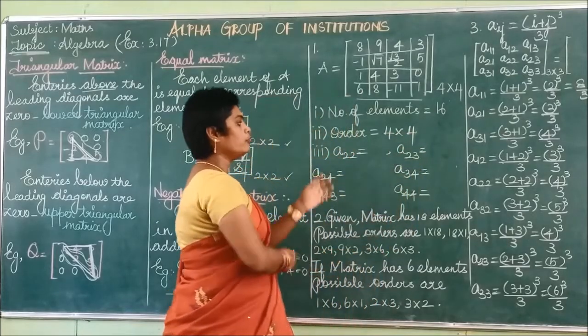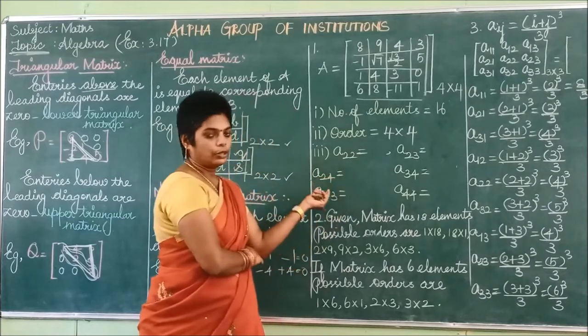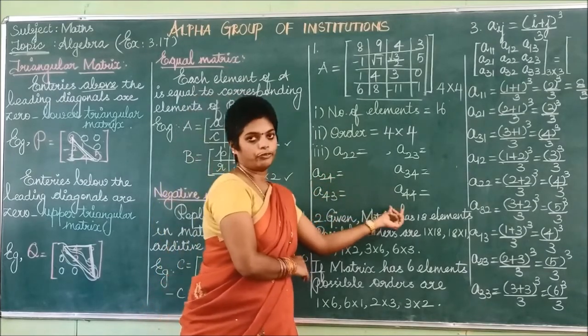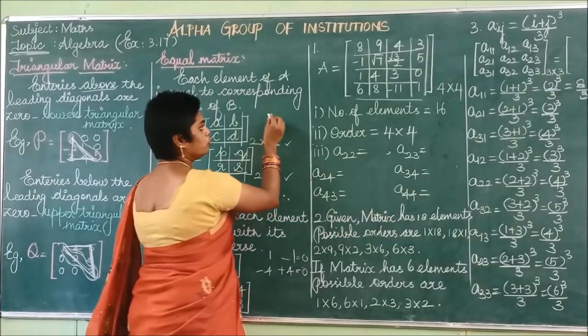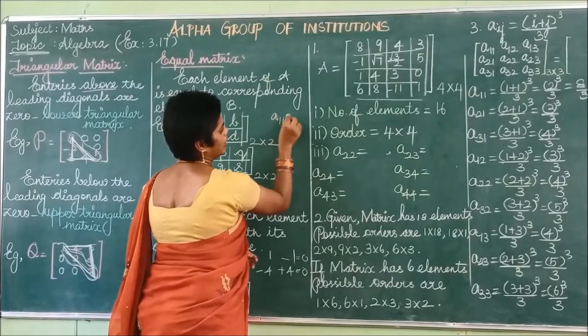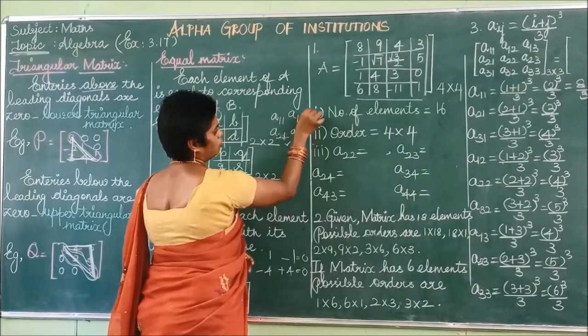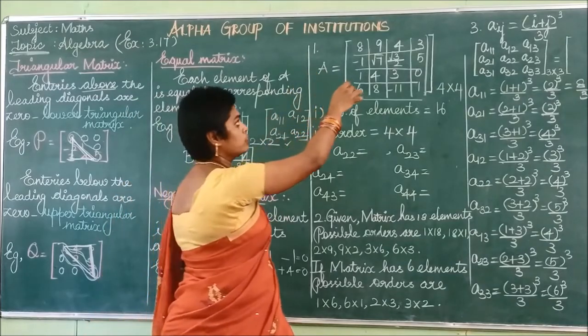Then listen, how to find the values of A22, A23, A24, A34, A43, A44. How do you find these values? Already we saw for the 2 cross 2 matrix, you can write A11, A12, A21, A22. In a similar way you can write for this also.